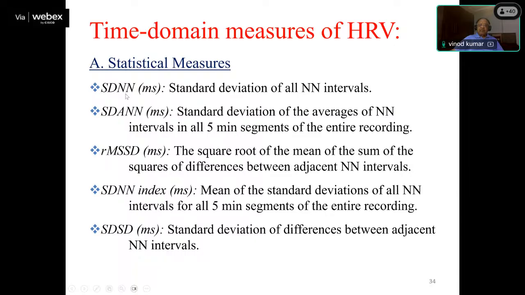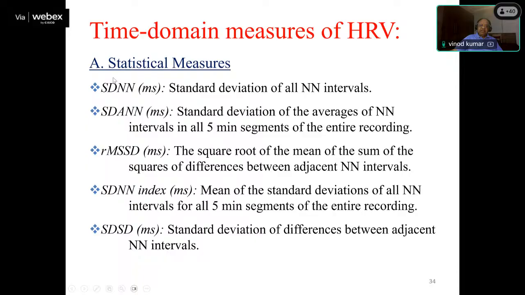Normal to normal means if they are between 60 to 100. If it is more than that or less than that, then it is a case of arrhythmia or a case of missing beat. That is a separate study. So this HRV is only limited to normal beats.